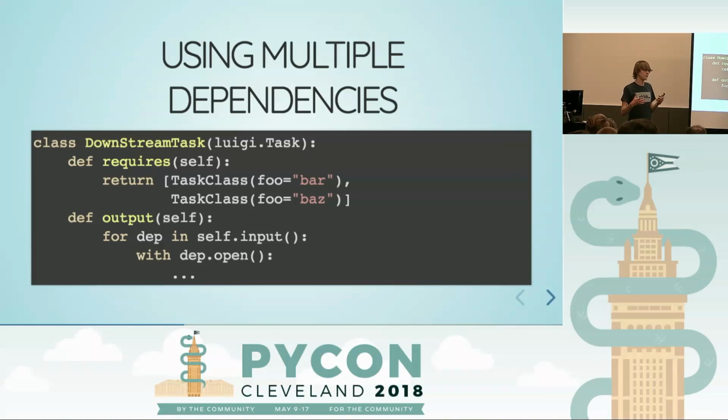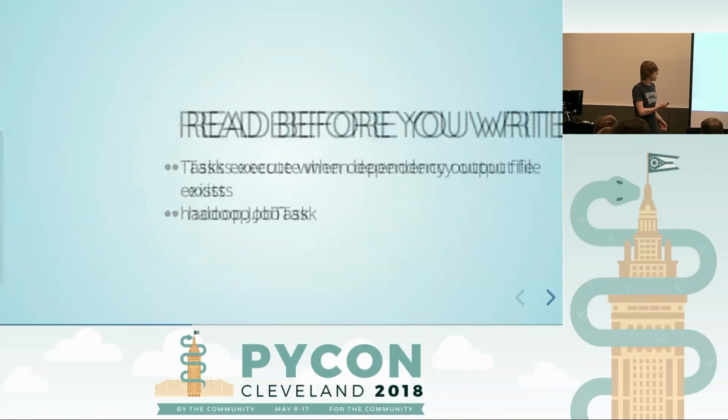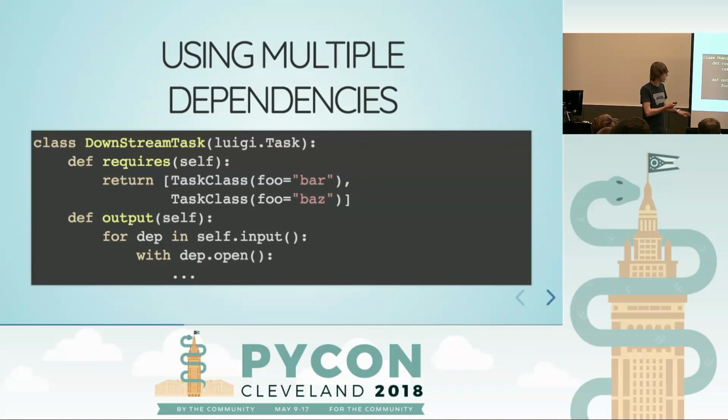Now, when you actually have multiple dependencies like this, you need to have some way that you can actually run it properly. So what you end up doing is, sorry, this is supposed to be run here. I guess I'm using an old version. You will actually iterate over all of your inputs and then open each of them separately.